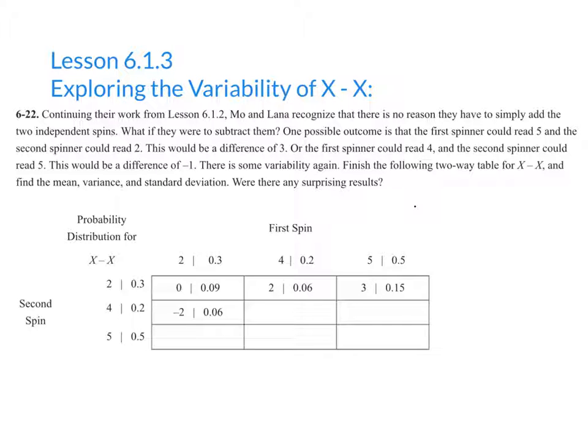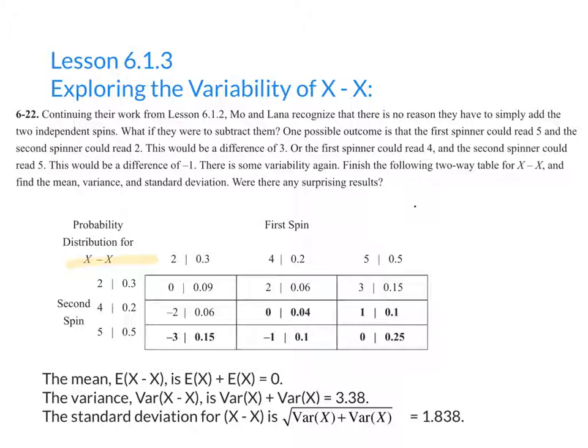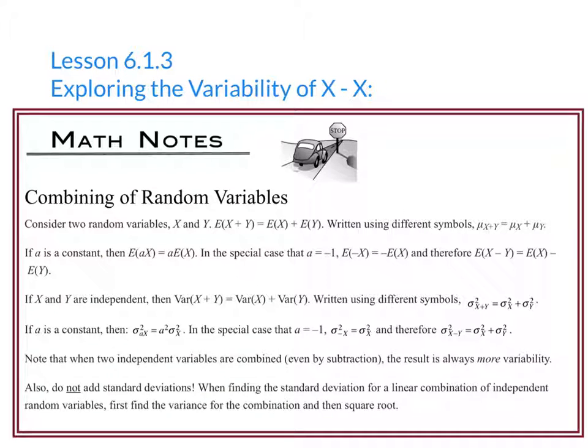Well, again, using the familiar model of a two-way table, students find that while the expected value for x minus x is indeed equal to 0, the variance and standard deviation of x minus x is actually the same as x plus x. This unexpected finding is then confirmed in a math notes box.